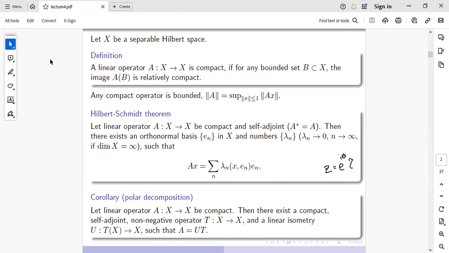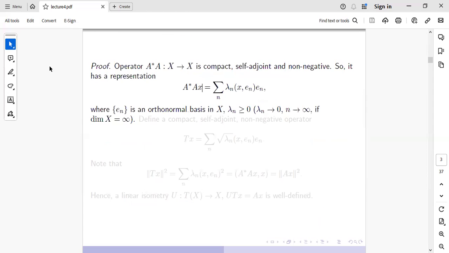So to get the polar decomposition, consider the product A adjoint times A. This is a compact operator because the product of a bounded and compact operator is compact. Also, this product is self-adjoint.